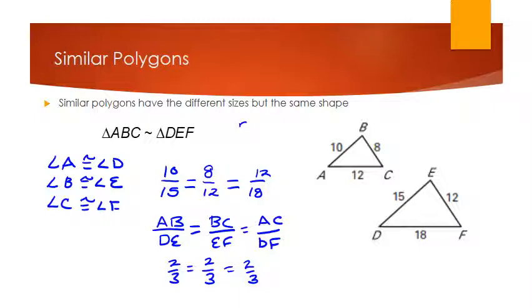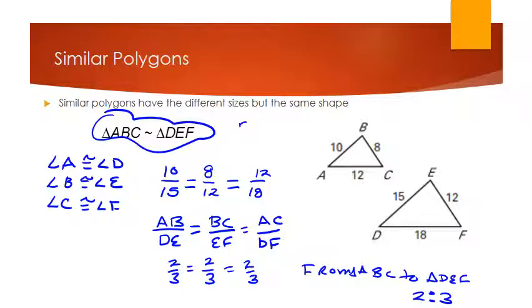So our scale factor from ABC to DEF is 2 to 3. Okay. This up here is a similarity statement, just like we had congruent statements when we were doing congruency. We have similarity statements as well.